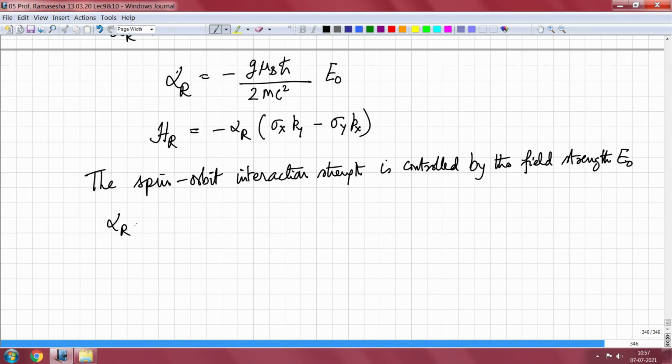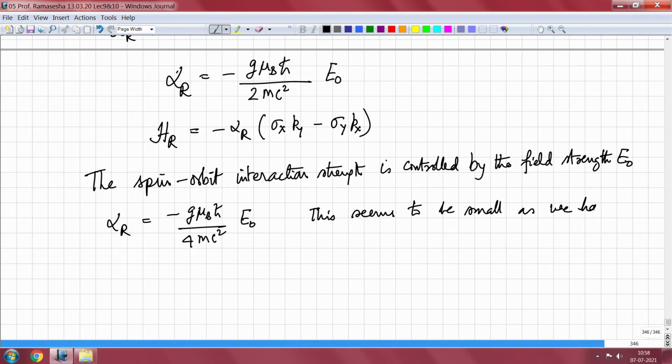Okay, now this is a bit funny. That is, of course, not the correct expression for alpha R; if you do a proper relativistic calculation, then alpha R has the correct form, which is minus g mu B h cross by 4 m c squared, not 2 m c squared, times E naught, and this seems to be very, very small, as we have 1 upon m c squared in the denominator.